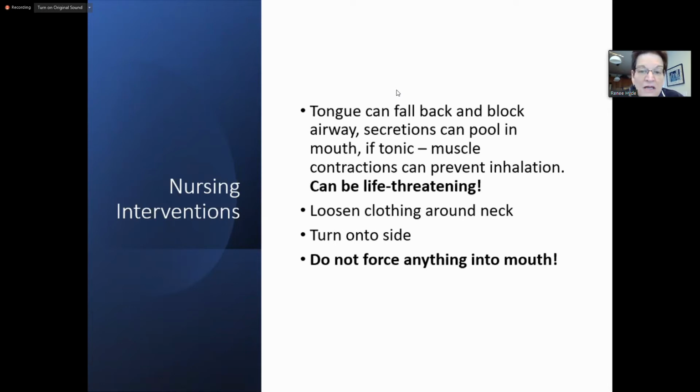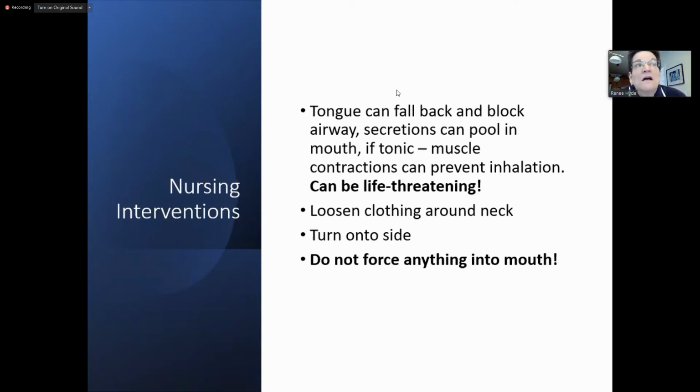Can be life-threatening, but typically once they come out of that tonic phase, that clonic phase, they begin to breathe in. So what should we do? We should loosen their clothing around their neck and turn them onto their side. That turning them on their side allows those secretions to drain out.